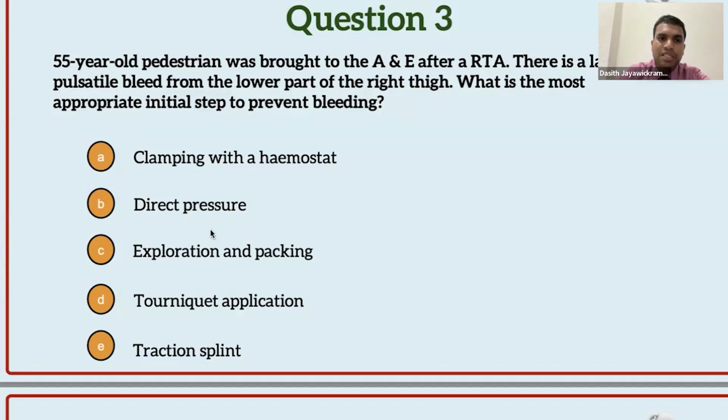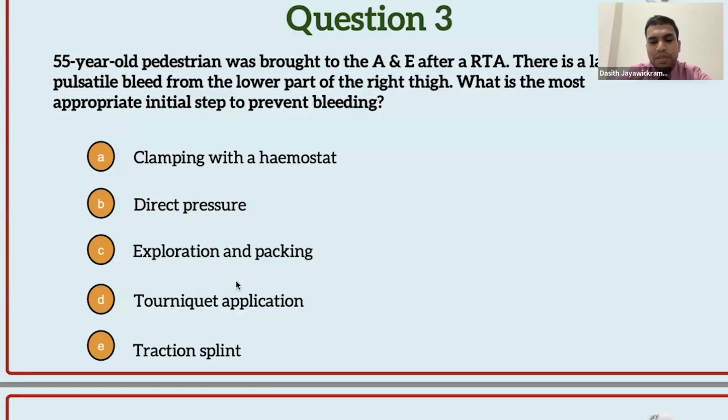Direct pressure, yes, that is the most appropriate initial step to prevent it. That is true. Exploration and packing is the definitive management. That is not the initial step. Tourniquet application is not the most appropriate initial step. It is the last resort in the initial setting. So if the pressure doesn't achieve good hemostatic control, then yes.